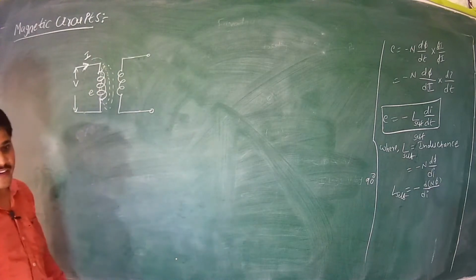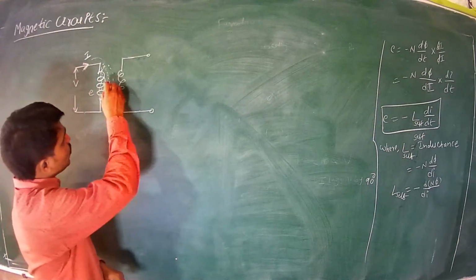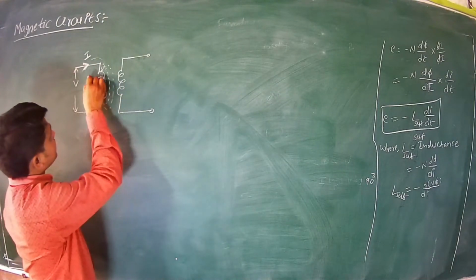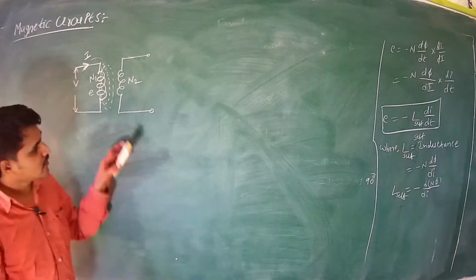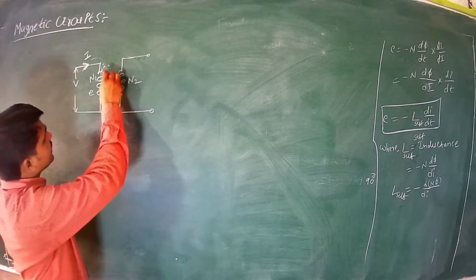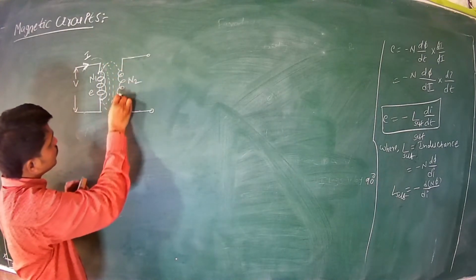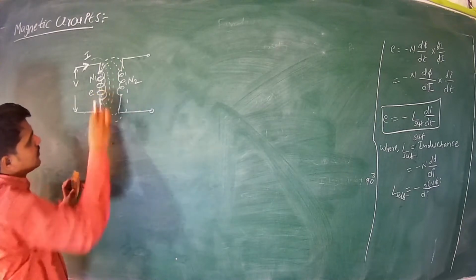So flux is generated, but this flux is not only linking with this coil, which has N1 turns. Let us say this coil has N2 turns. So this flux is not only linking with this coil, but also linking with the second coil, which is very near to this coil.